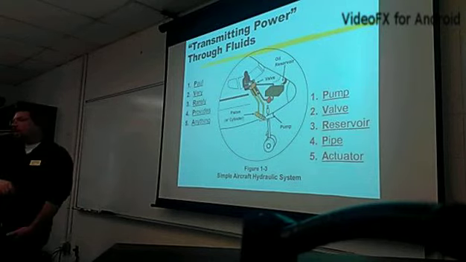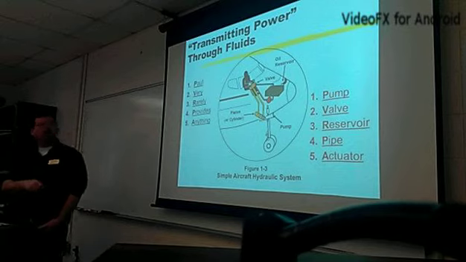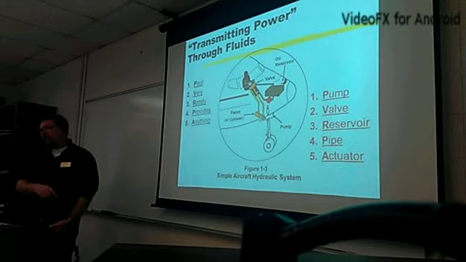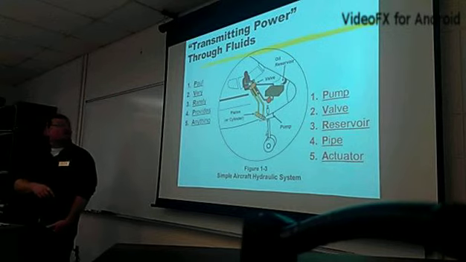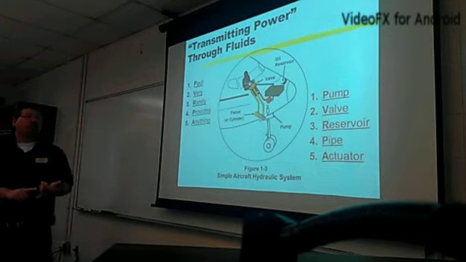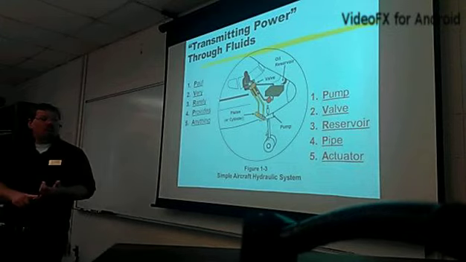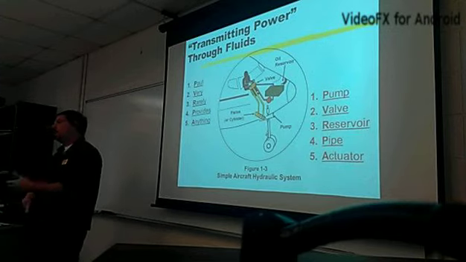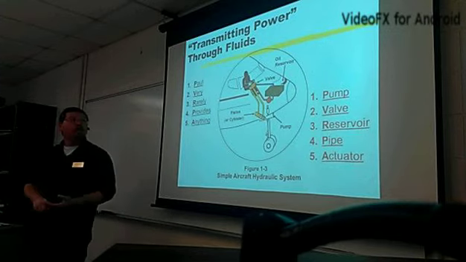Pipe, I'm sorry, and actuator. So, if you don't have this, you don't have a hydraulic system, is all that says. You with me so far? Of course, I can't ever remember that acronym, but basically, you need to know that a hydraulic system consists of pump, valve, reservoir, pipe, and actuator, because you got to have something to transmit the fluid to the actuator. Okay?